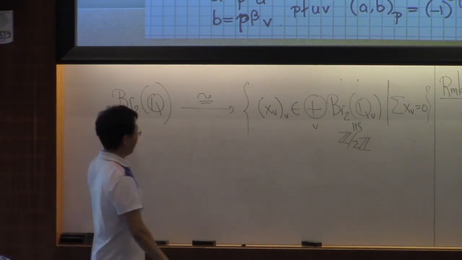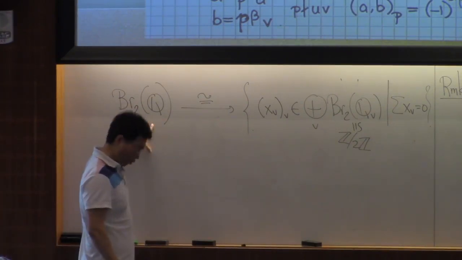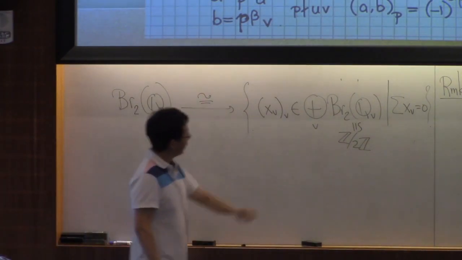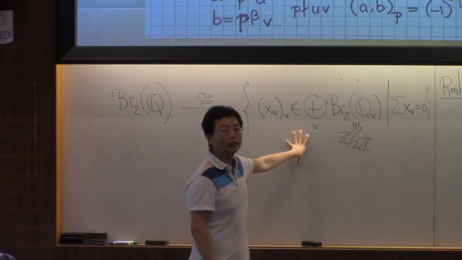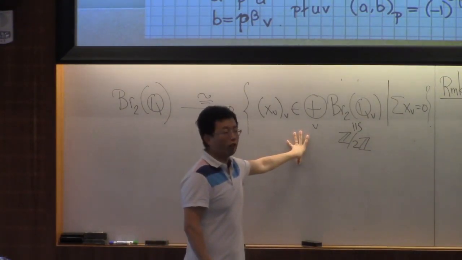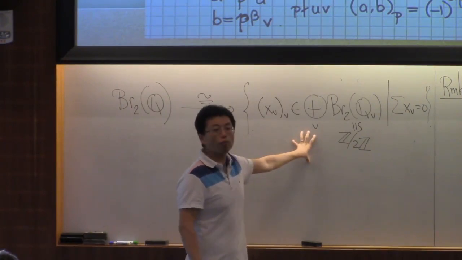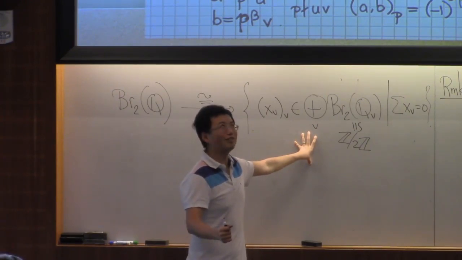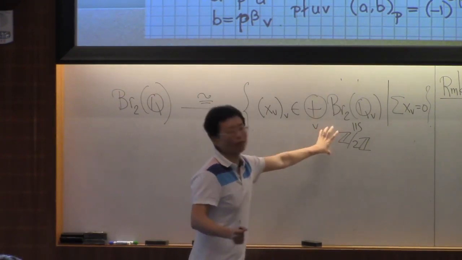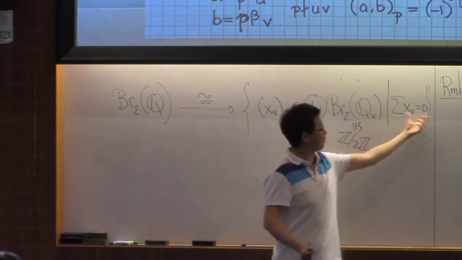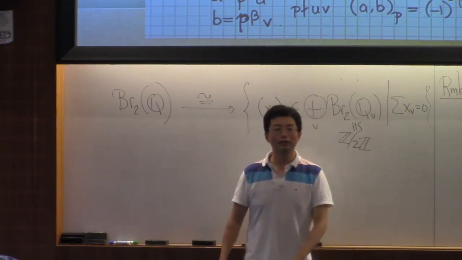What the theorem says is that this quaternion is ramified at an even number of places. Namely, it's 0 at almost all places, except that it's 1 at finitely many, an even number of places. And if you sum them up, that's 0 because we're modulo 2.